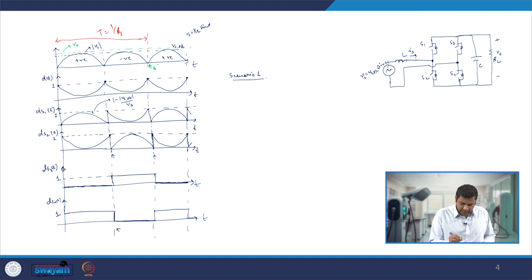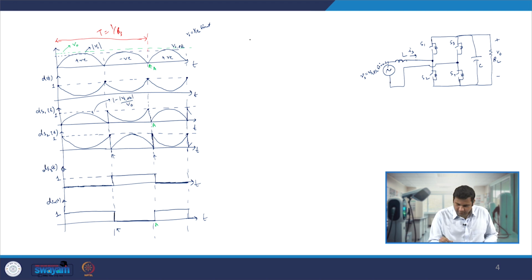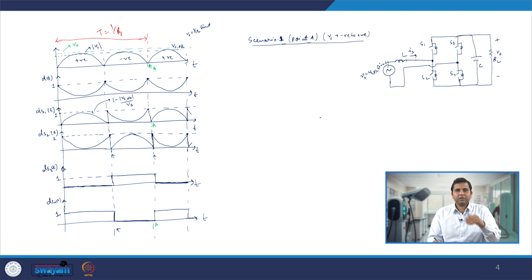That means I am talking about point A. So let me write scenario 1 at point A. If we try to see our point A where our Vs is going from negative to positive, that means near the 0 crossing.